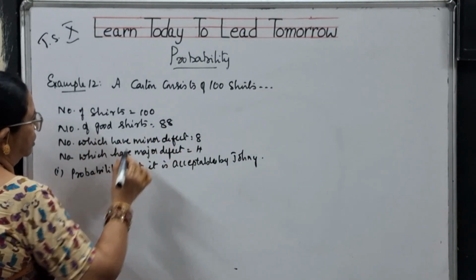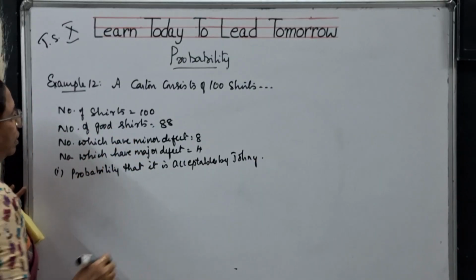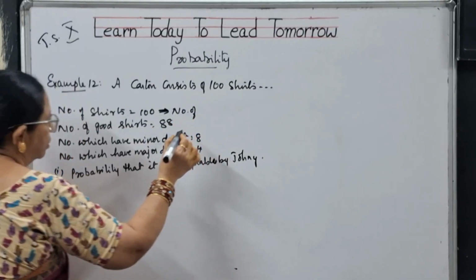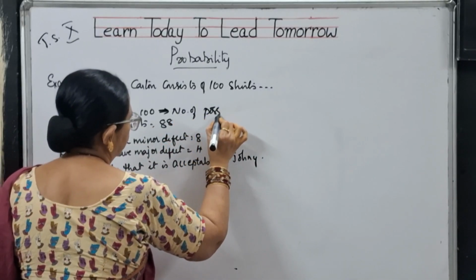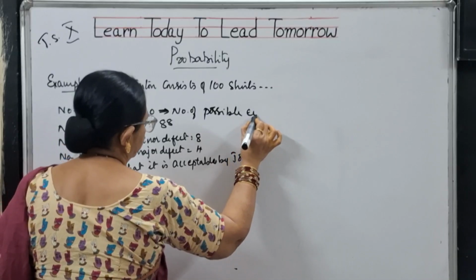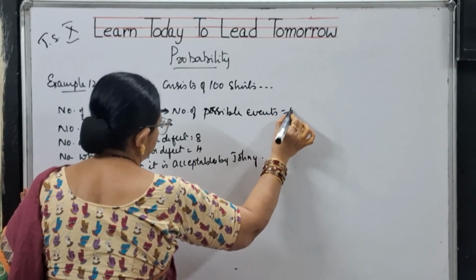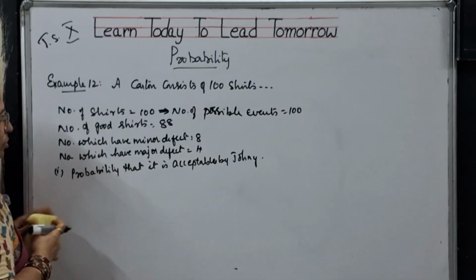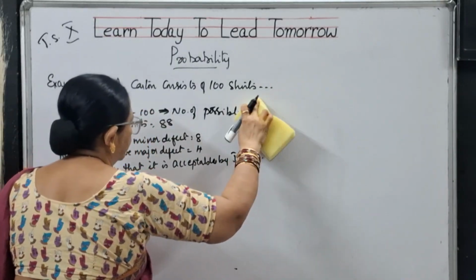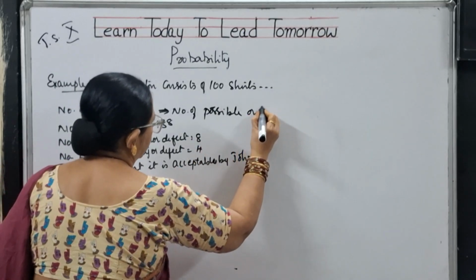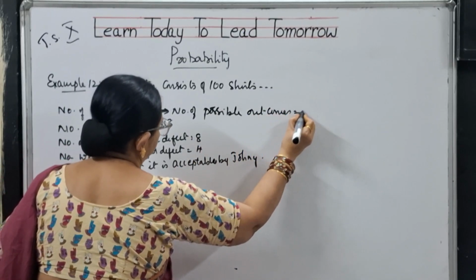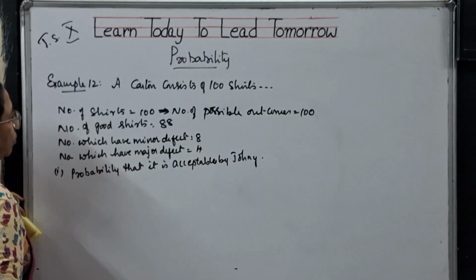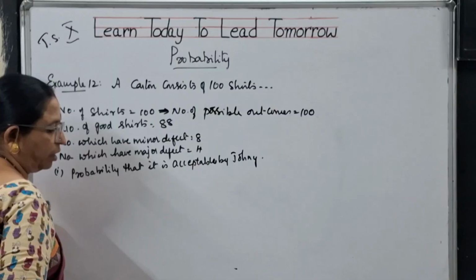See, the total number of shirts is 100, which means the number of possible outcomes is equal to 100. So here Johnny accepts only the shirts which are in good condition.